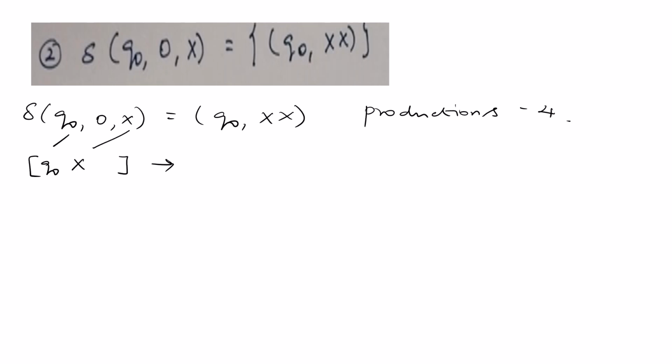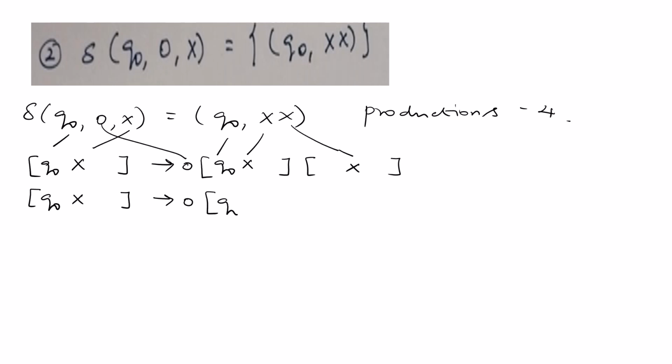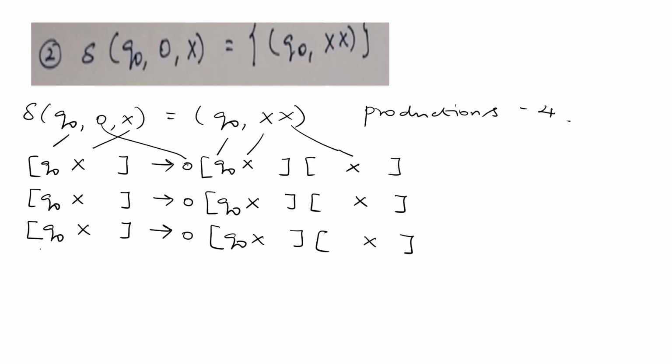Then on the right hand side we want to go with 0, then this Q0, and for this X, and we want to go with one more thing, that is for this particular X. So we are again going to have Q0 X, 0, Q0 X, X, the same way Q0 X, 0, Q0 X, X, Q0 X, X, X.